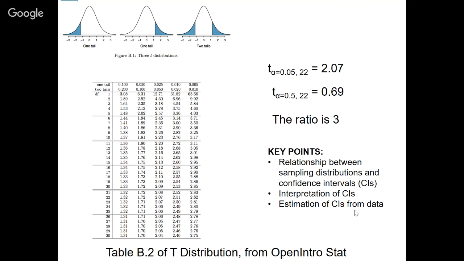And since you need 1 data point to calculate the mean, your degrees of freedom is your number of observations minus 1. If it were from 2 samples where you're looking at the difference in 2 means, then you calculate 2 means, which takes away 2 degrees of freedom.